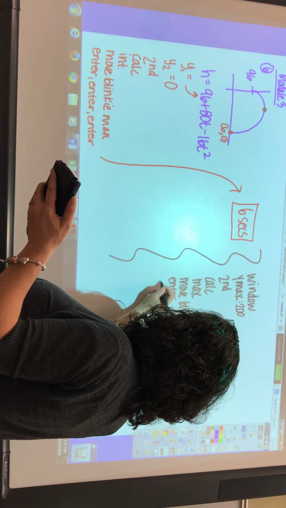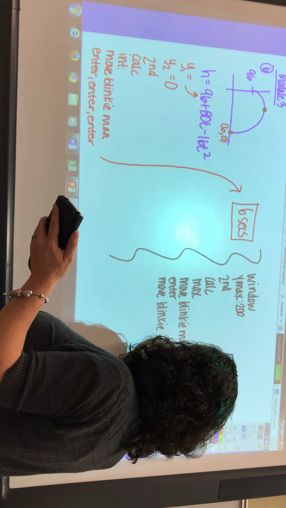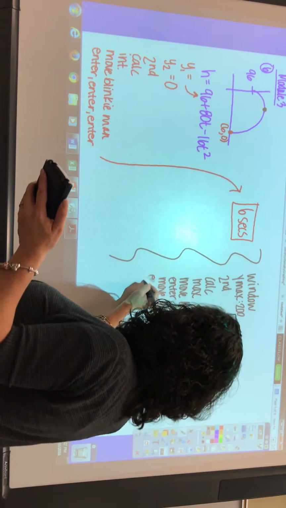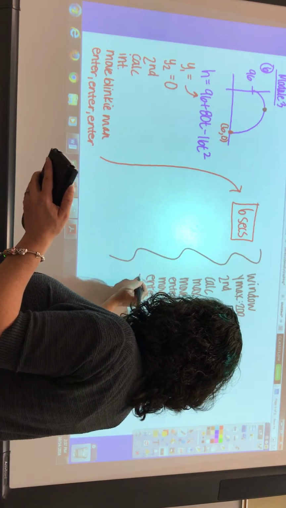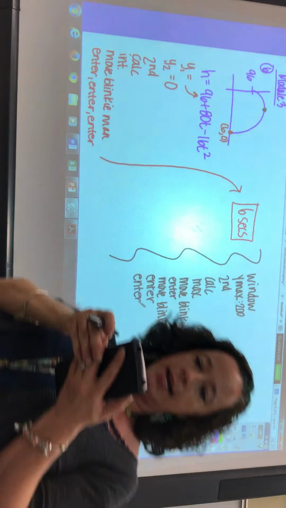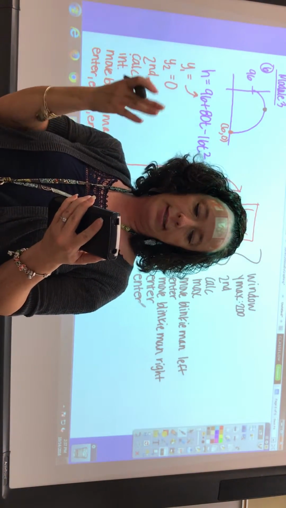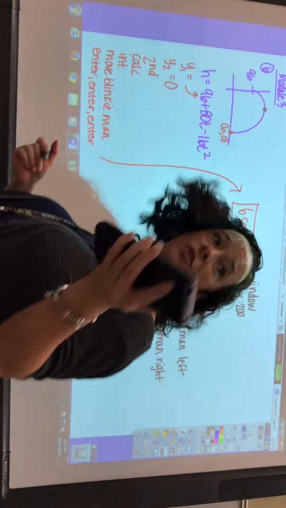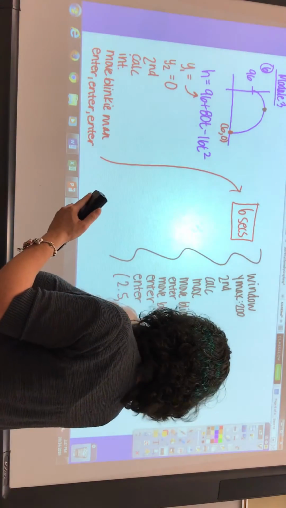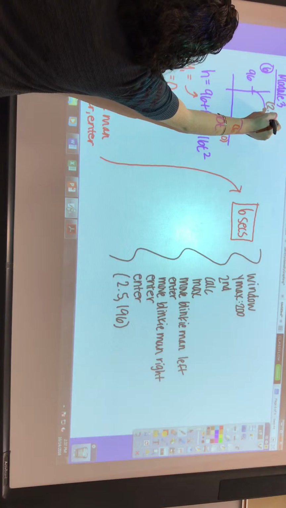Then you move Blinky Man to the right and hit enter, and then enter again through guess. And then I got, woo! What'd you get? 2.5 comma 196. Okay, so in context of the problem, that's this point right here.